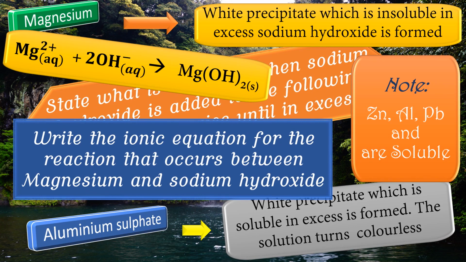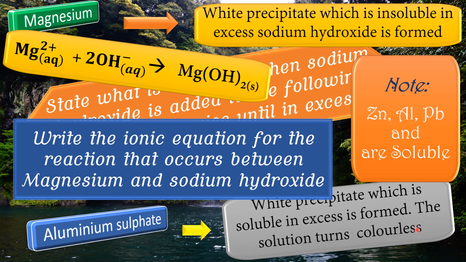So we have looked at magnesium and aluminium sulfate solutions. What happens when we add sodium hydroxide dropwise until in excess? We have seen that in magnesium we form a white precipitate which is insoluble in excess sodium hydroxide, and for aluminium sulfate we form a white precipitate which is soluble in excess sodium hydroxide, and it forms a colorless solution.